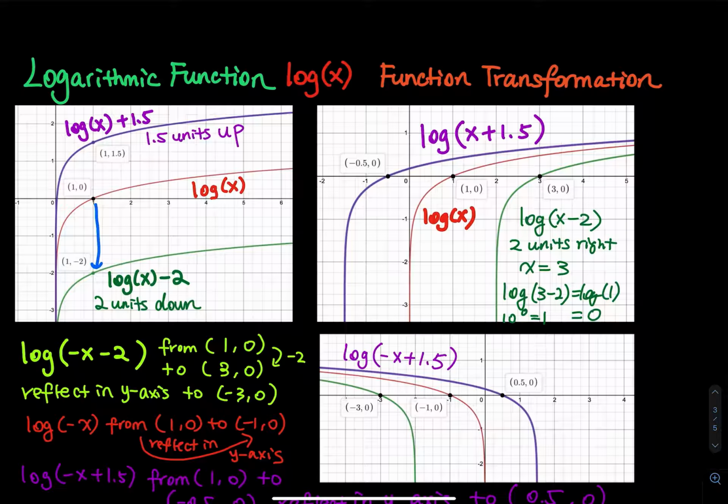Now, my suggestion to you is don't stick with what I gave you. For the purple function, don't stick with 1.5, try something else. Try log of x plus 7, plus 6, plus 2, plus 4, plus 4.5, plus 5.6, and so forth. See how the log shifts up when you change the number.